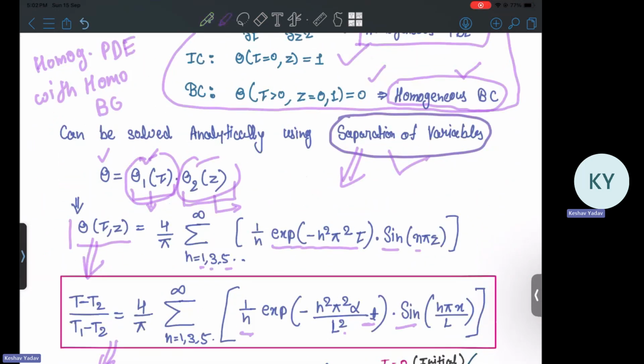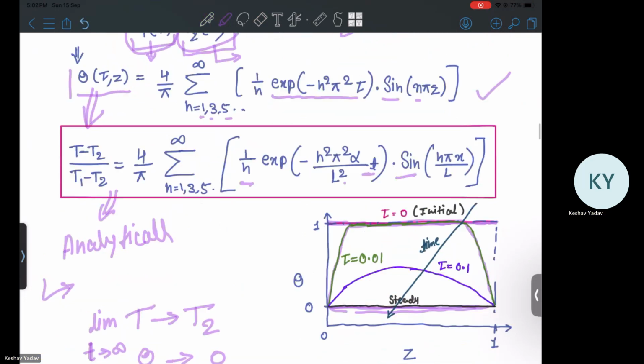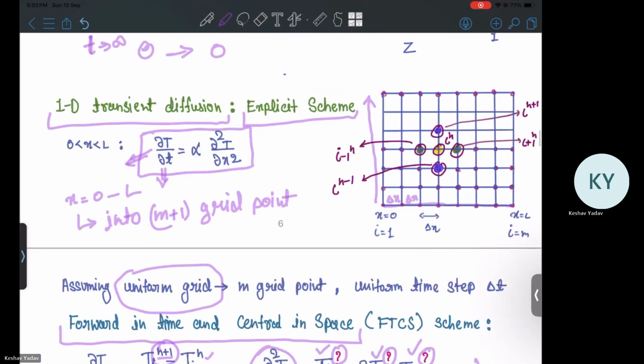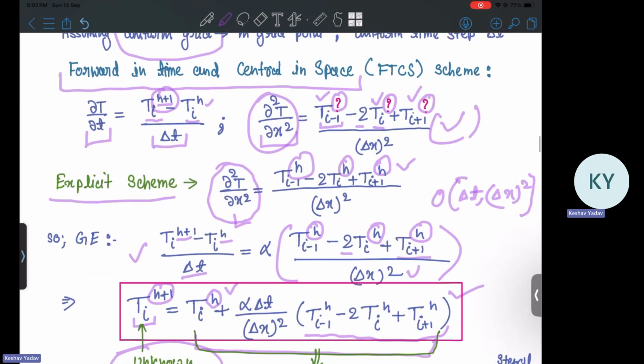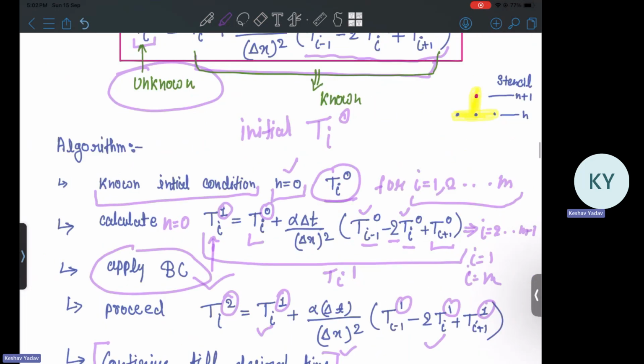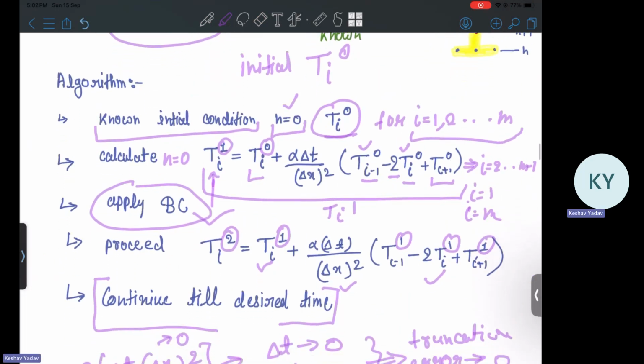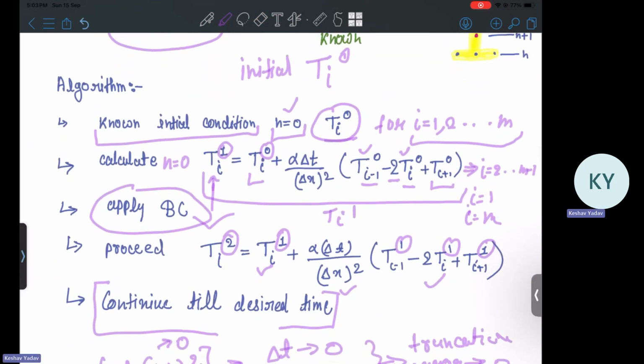Okay, once we have seen its analytical solution, then we have moved toward the numerical solution. There we have seen three methods. First is explicit scheme. Then we have seen implicit. Then Crank-Nicolson scheme. So also we have seen the stability that is involved with all these three methods. We have seen that the explicit method is conditionally stable, while the Crank-Nicolson and implicit methods are unconditionally stable.